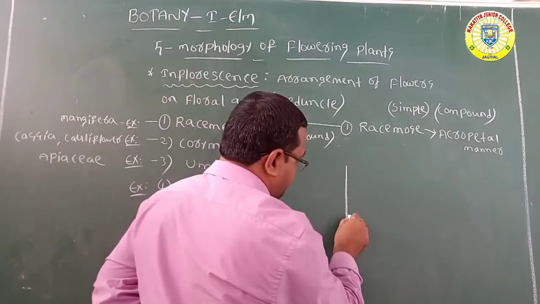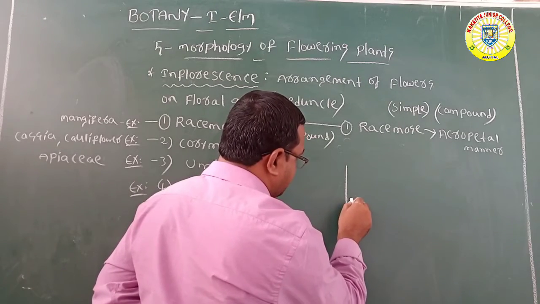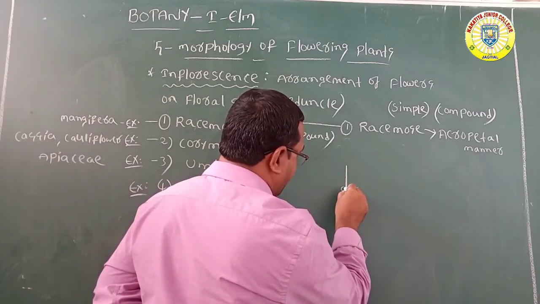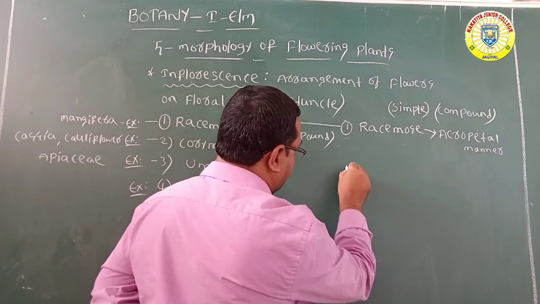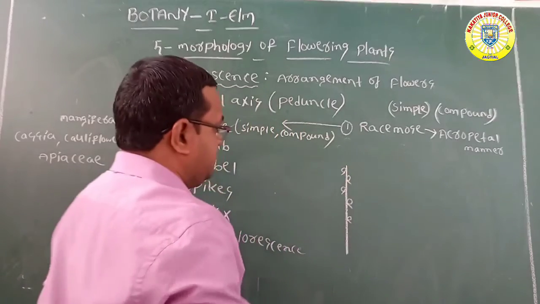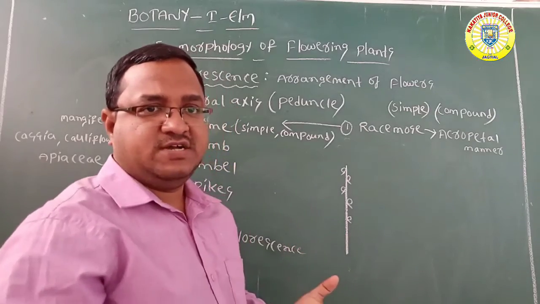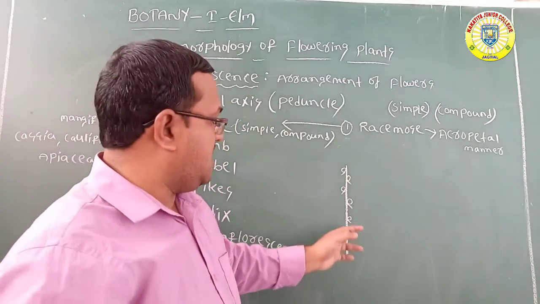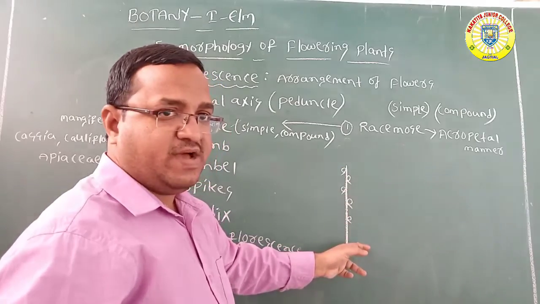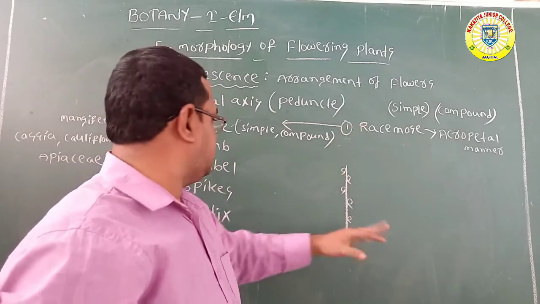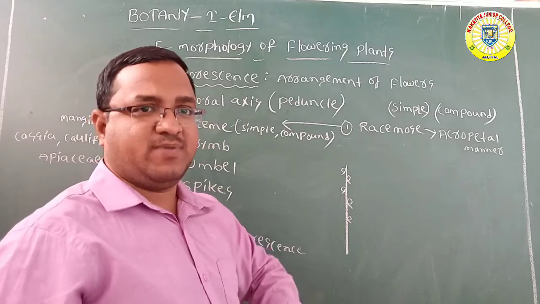The sessile flowers are arranged in acropetal manner, from base to top. So this is spike. Best example, grasses.